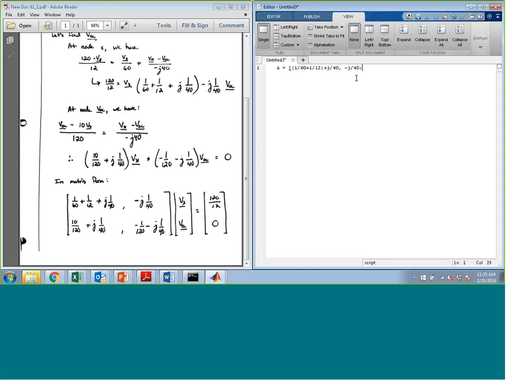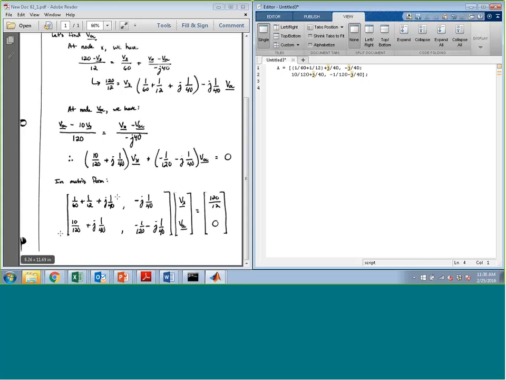I'm done with that line. Now I put a semicolon in to say I want to put in another line. Now I say 10 over 120 plus j over 40, and then the next entry, minus 1 over 120 minus j over 40. That is the matrix A.